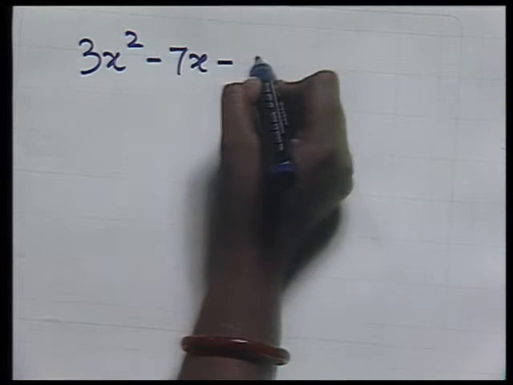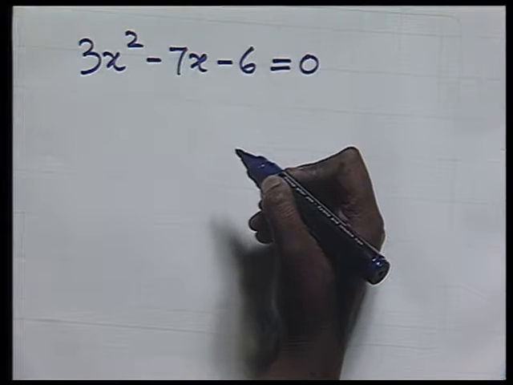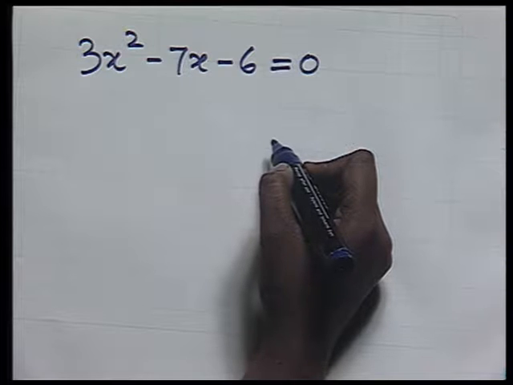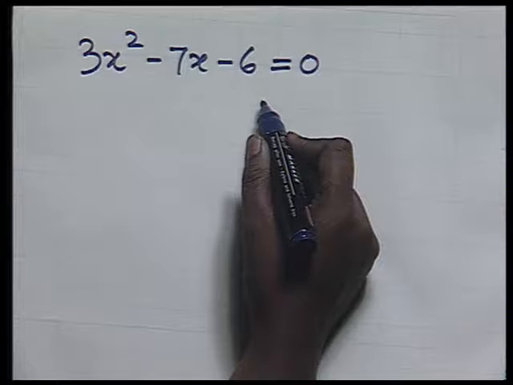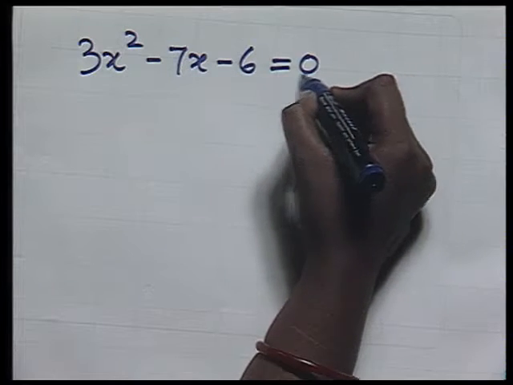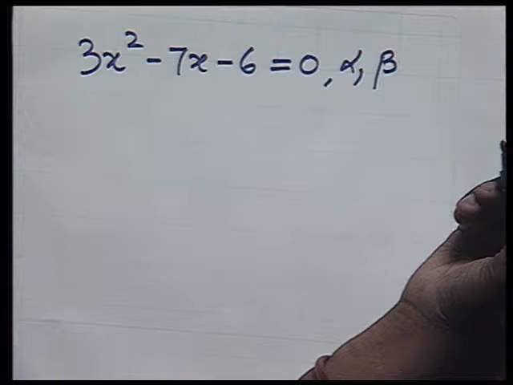Now, suppose we are given an equation 3x square minus 7x minus 6 equal to 0, and we have to construct another equation whose roots are reciprocal of the roots of this equation. So, what do we do? Again, let us suppose that the roots of this equation be alpha and beta.